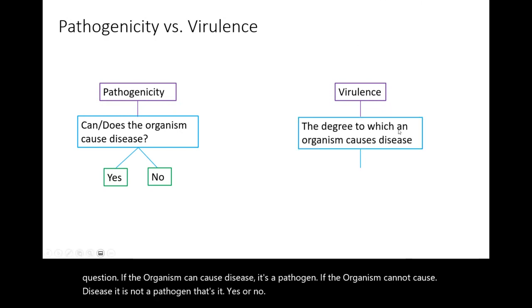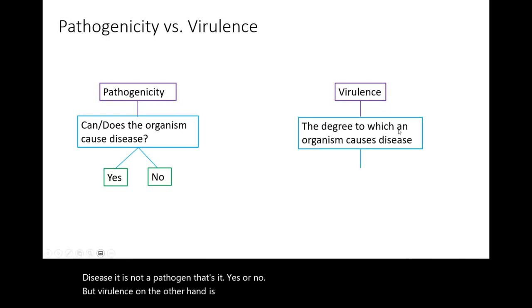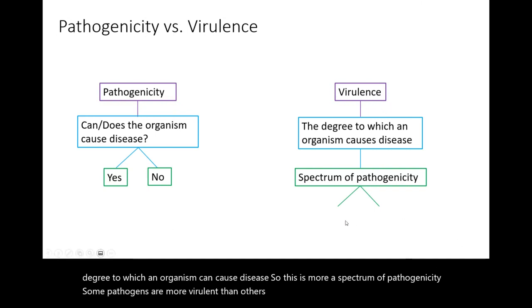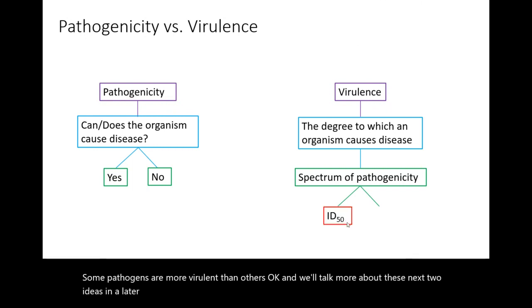But virulence, on the other hand, is the degree to which an organism is pathogenic, or the degree to which an organism can cause disease. So this is more a spectrum of pathogenicity. Some pathogens are more virulent than others, okay? We'll talk more about these next two ideas in a later video, but these are two ways that we can describe the virulence of an organism.